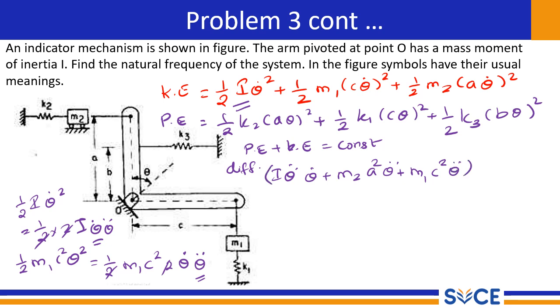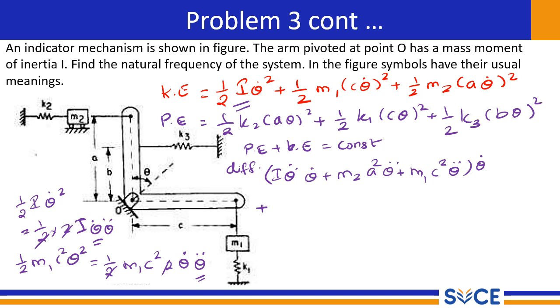Everywhere theta dot, the velocity, will come. Then we have to write the differentiated kinetic energy terms in a similar way. So this half will get cancelled.